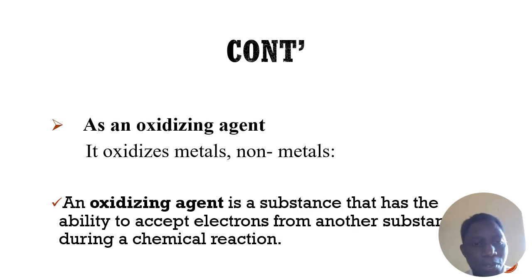Nitric acid also can react as an oxidizing agent. It oxidizes metals or nonmetals. An oxidizing agent is a substance that has the capacity to accept electrons from other substances during a chemical reaction.